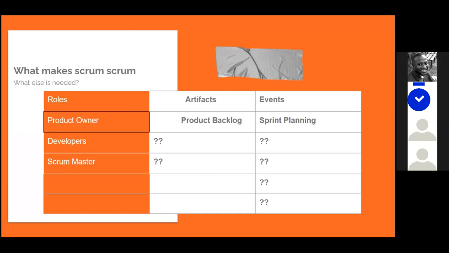And we have events under Scrum. Like I said, this is not a Scrum class. I would have gone into details. But talking about artifacts and the events, we have the sprint planning, we have the daily Scrum, which is a daily meeting, a stand-up meeting. And we have the sprint review.